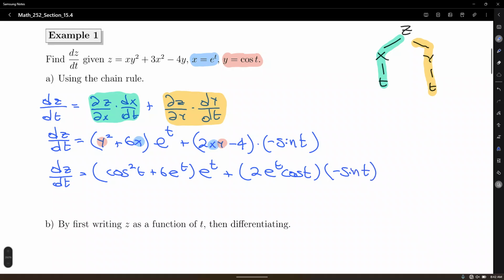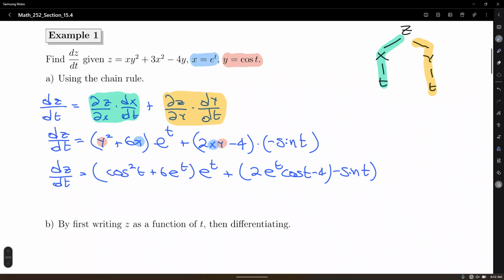All right? You see how our final result is an expression that depends only on one single variable, t? No more x's and y's? Yes. What happened to the minus 4? The minus 4, oh, yeah. Minus 4, thank you. Right? Minus 4.